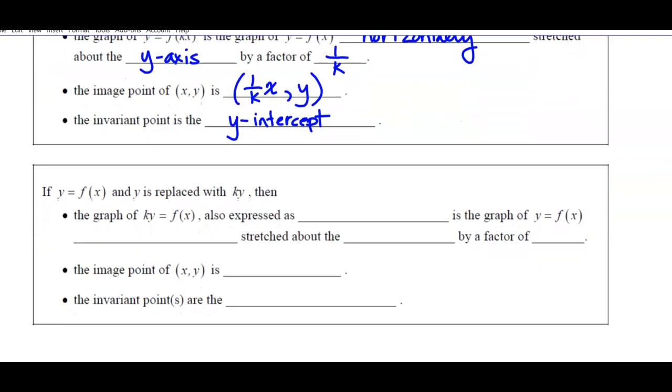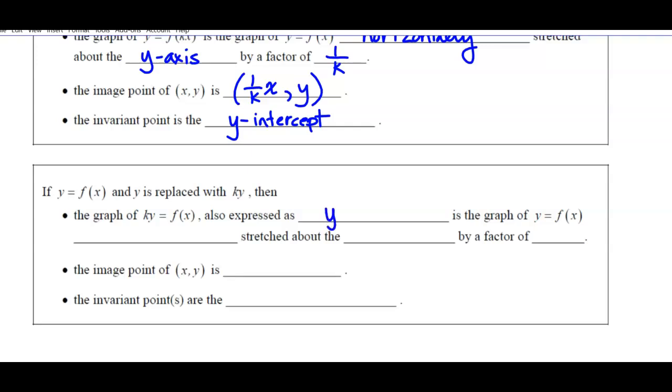Okay, then here for vertical, we're replacing y with ky. So this is vertically stretched. Oh, sorry, too soon there.